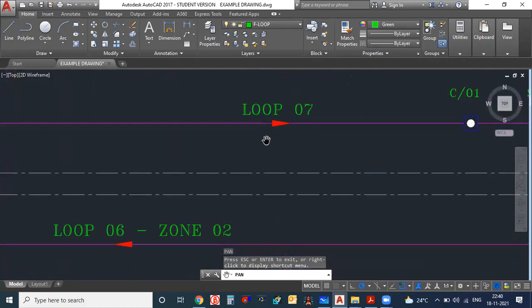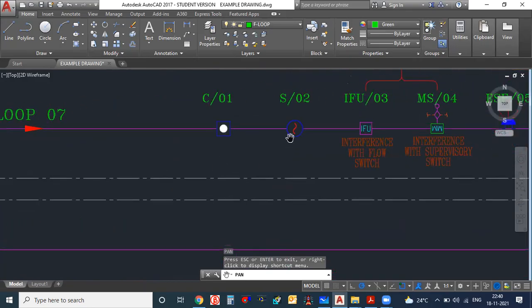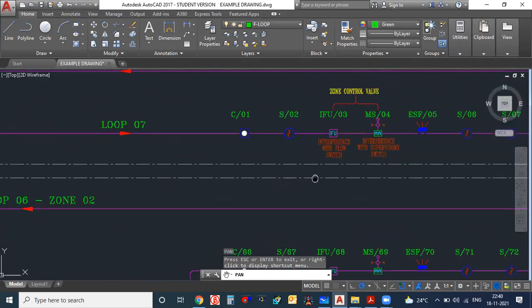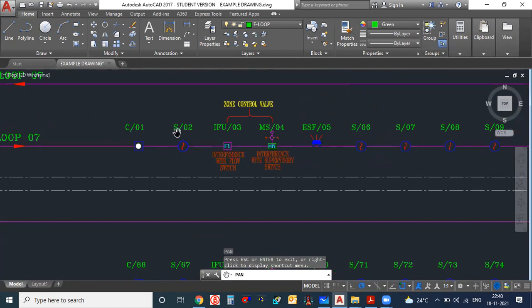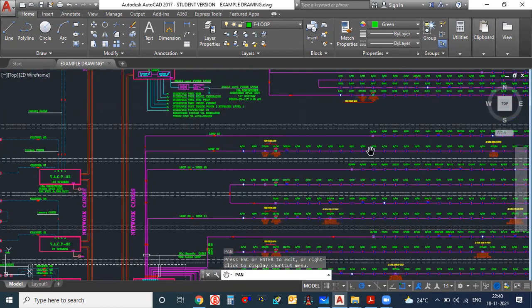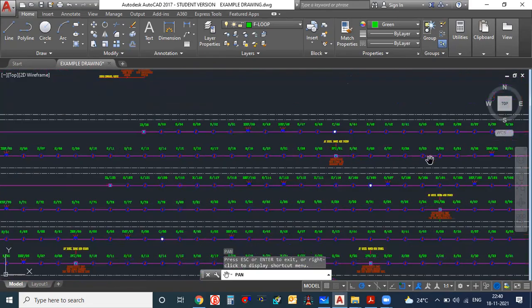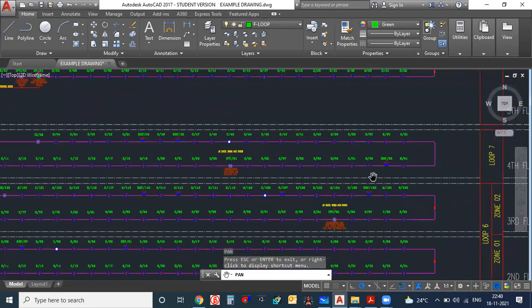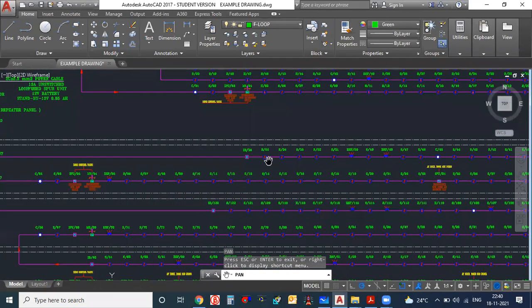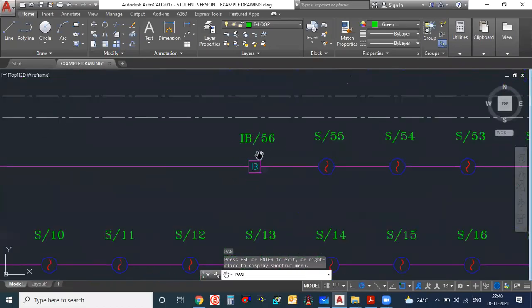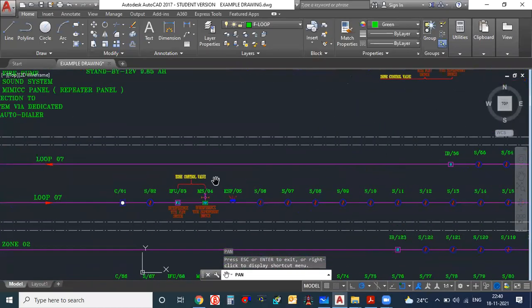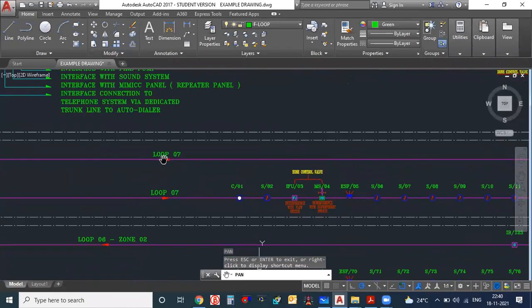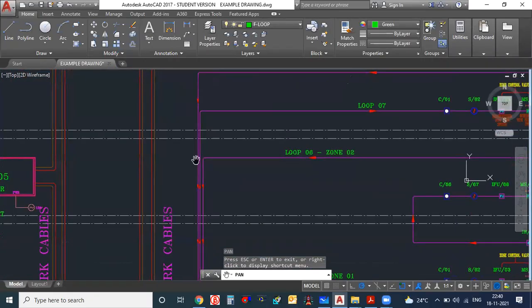This is loop 7, and here you can see it is connected with certain things like C1, S, IFU, MS, ESF, S. Some things are written here. It is connected here, and again it is following this path, and it is connected here, IB. So the last one is the IB. Then this is going back, again going back to the main control panel.